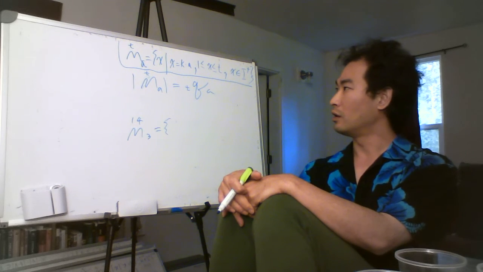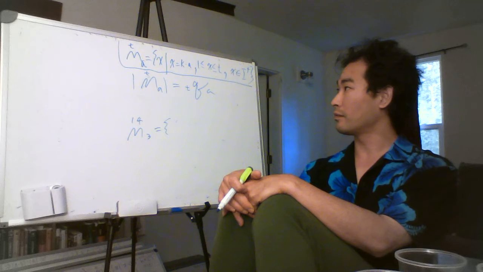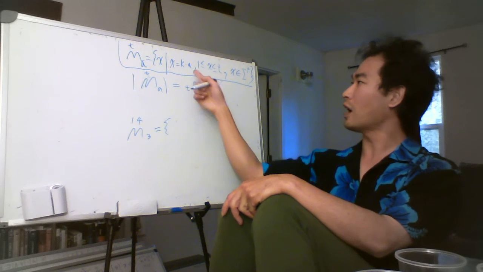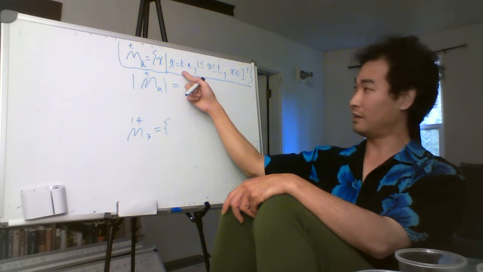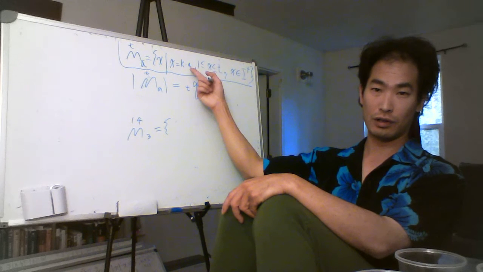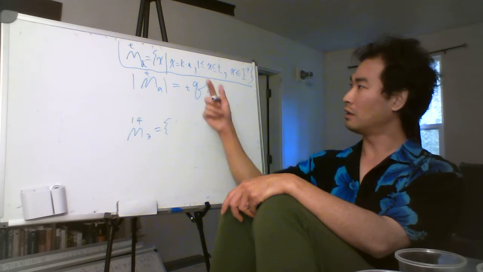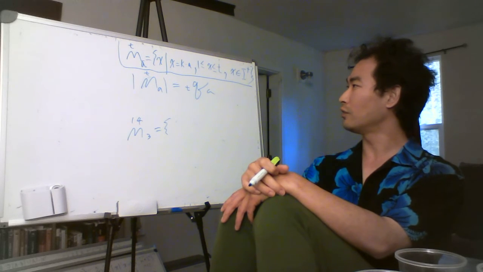Like 3 times 2 over 3 is 2, and that's not what we are looking for. We want k to be an integer too.